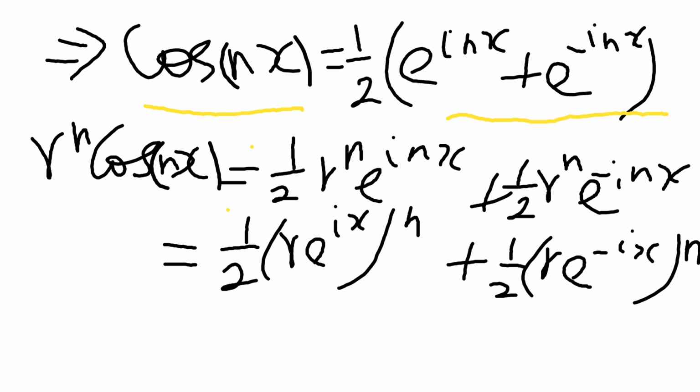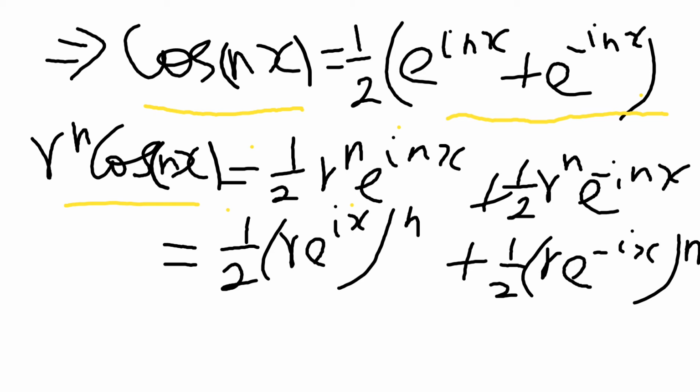Now if you multiply through by r to the power n, we will have this. Distribute r to the power n over the half at the left hand side by opening up the bracket.